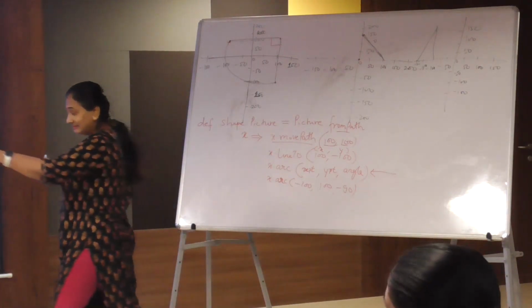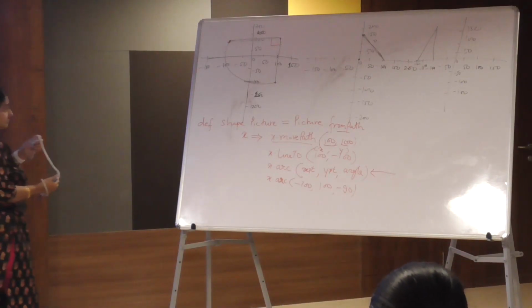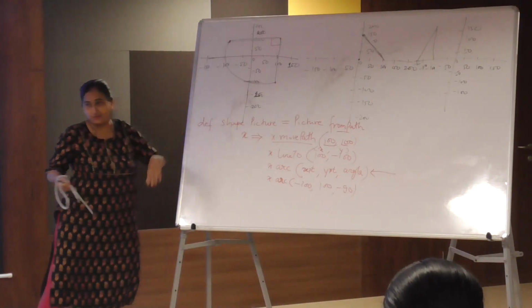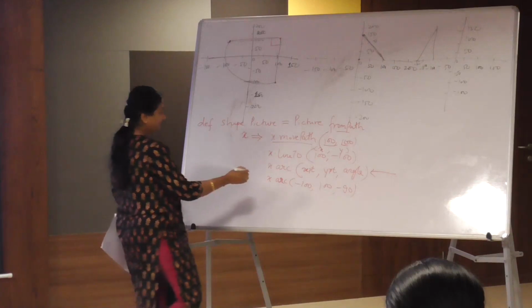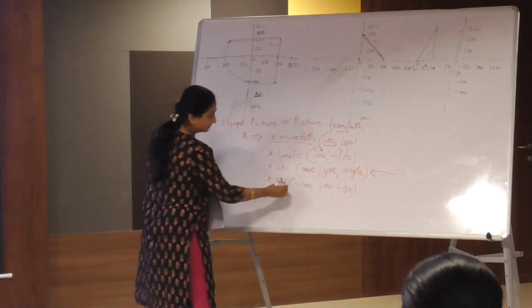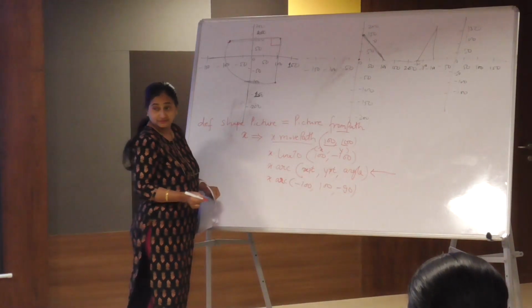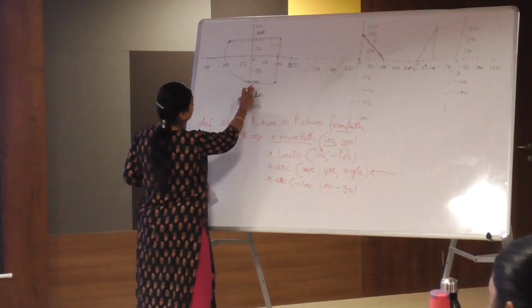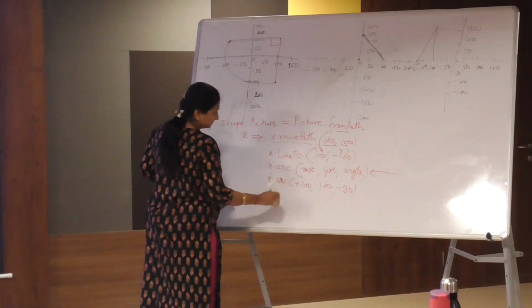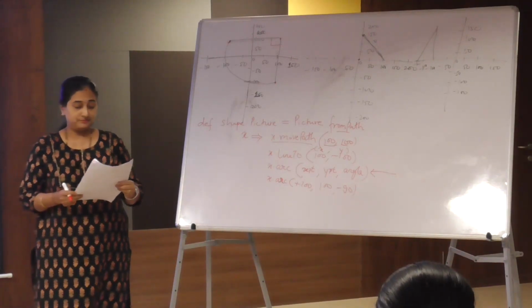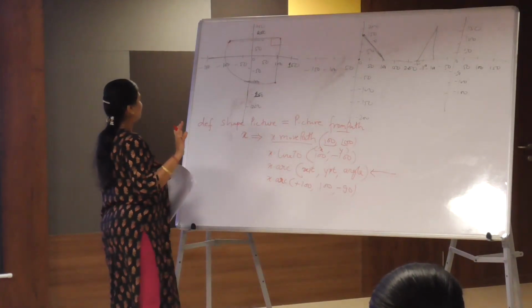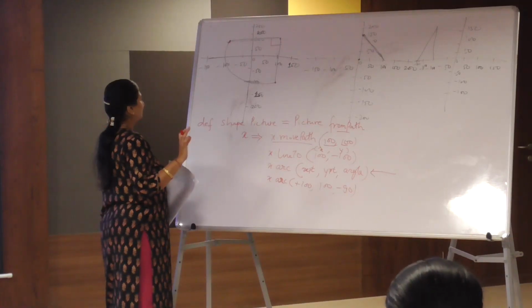X is positive 100. Sorry, it is positive because I have written a dash over there. Yeah, it is positive. X, so x minus. But that is minus, y is minus.